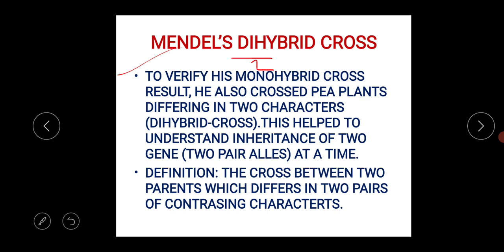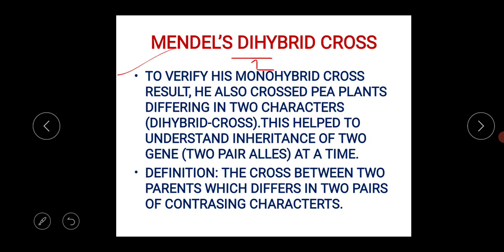So Mendel's dihybrid cross means in this experiment Mendel picked up two contrasting traits of the pea plant. To verify his results of the monohybrid cross, Mendel also crossed pea plants differing in two characteristics. That's why this is also called Mendel's dihybrid cross.